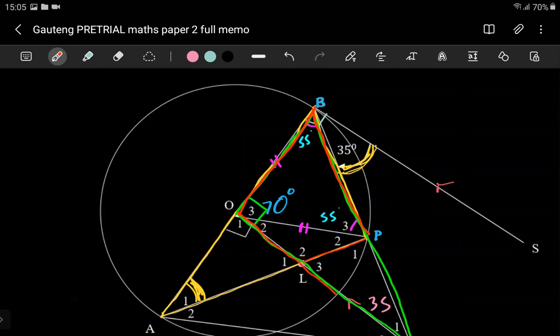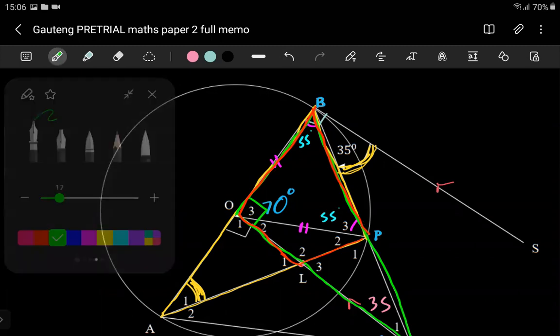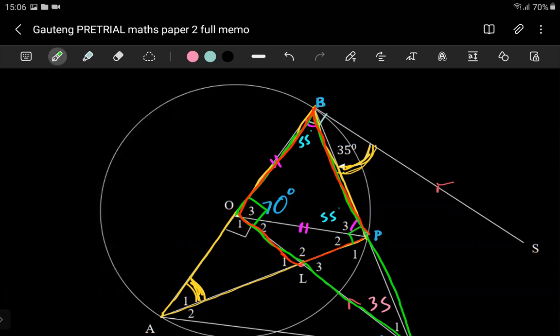Now you can do that by showing that opposite angles of a cyclic quadrilateral are supplementary, and you can use angle P2 and P3. You see, this is a 90-degree angle, so this is 90 and this is 90. So they're supplementary, so you have a cyclic quadrilateral.